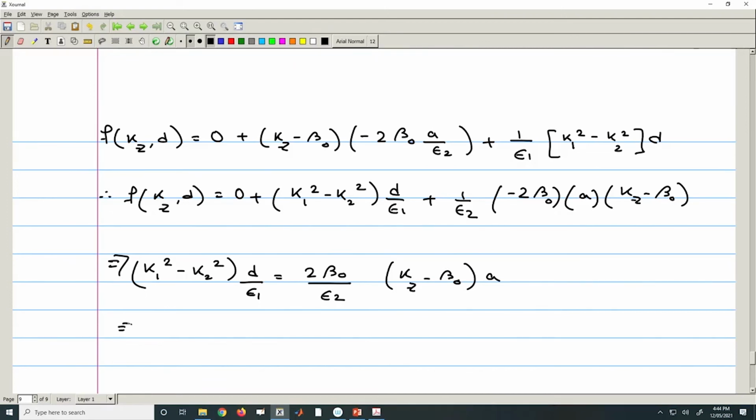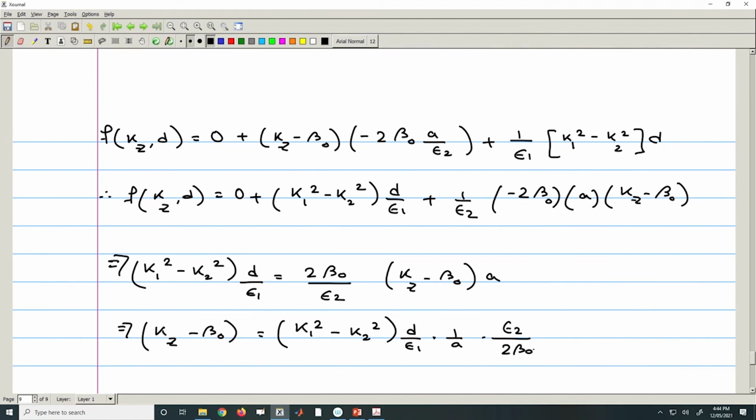So, k_z minus beta naught is coming as (k1 square minus k2 square) d upon epsilon 1 multiplied by 1 upon a times epsilon 2 upon 2 beta naught.